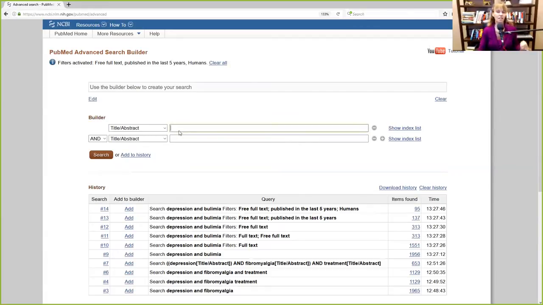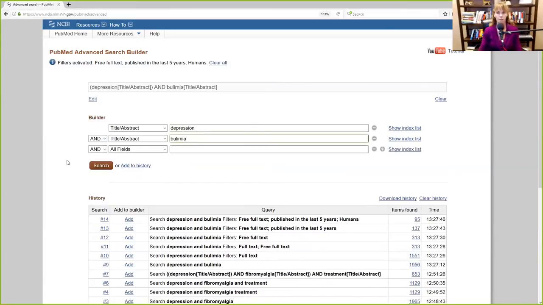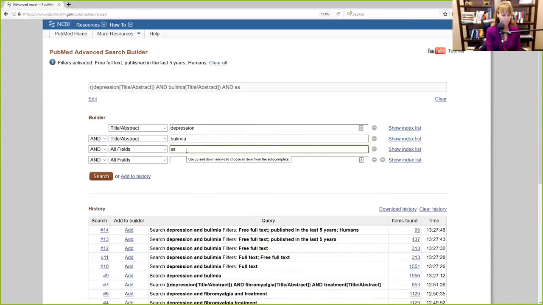So if you use title and abstract and you use the and modifier, let's just look at depression, bulimia, and SSRIs.